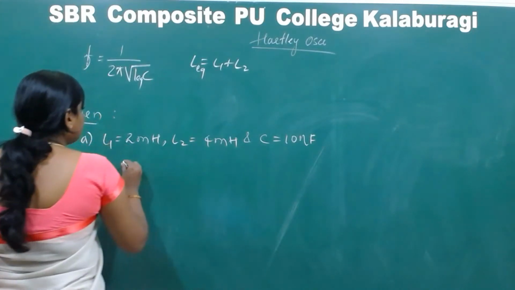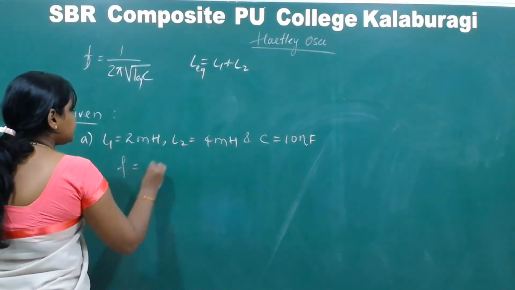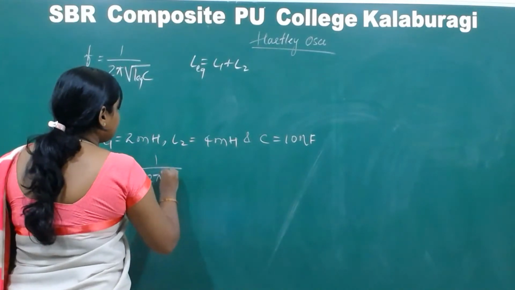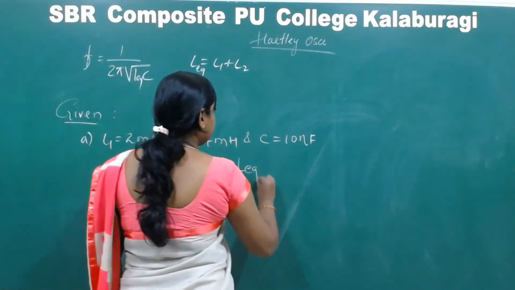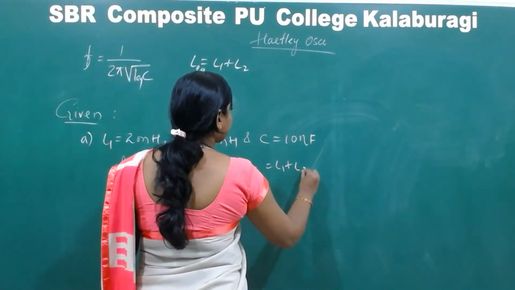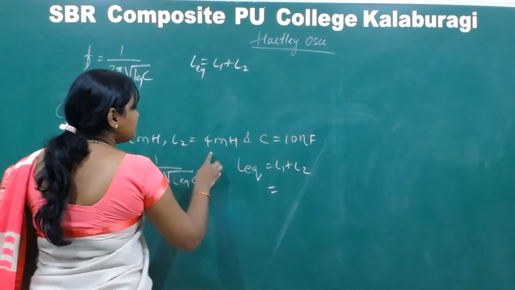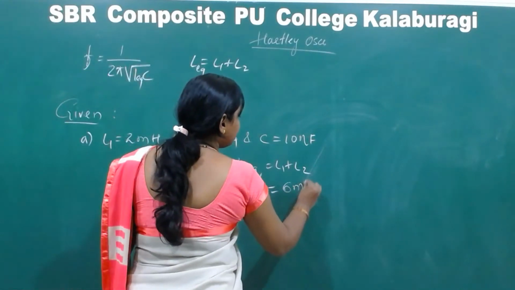So frequency is equal to 1 by 2 pi root of L equivalent into C, where L equivalent is L1 plus L2, a total of 6 millihenry.